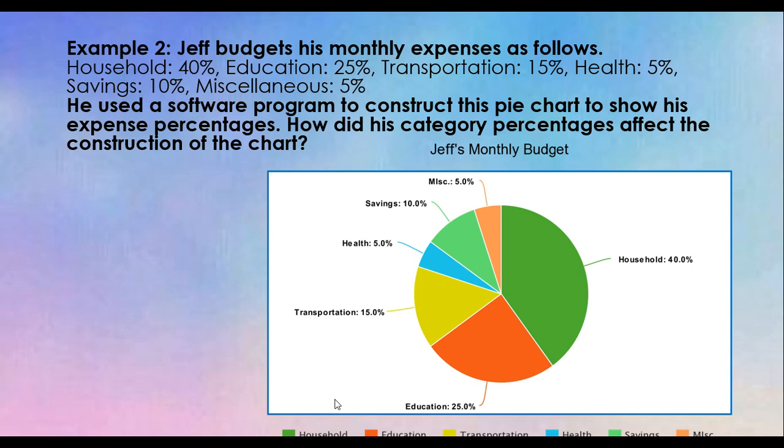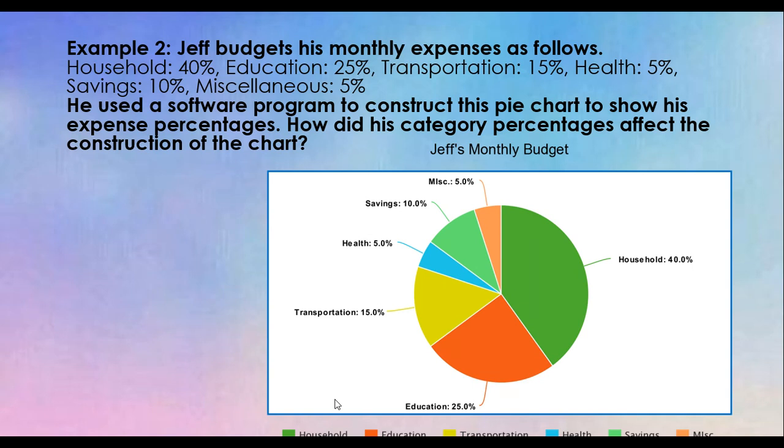How do these percentages affect how the chart looks, how it's constructed? What do you notice? What do you think is a conclusion that you can draw from that? Okay, I'm done.